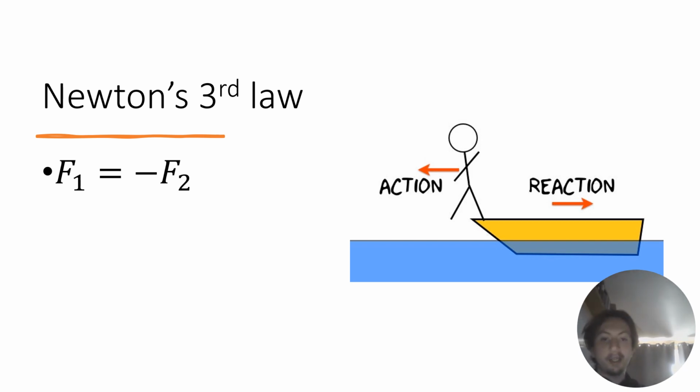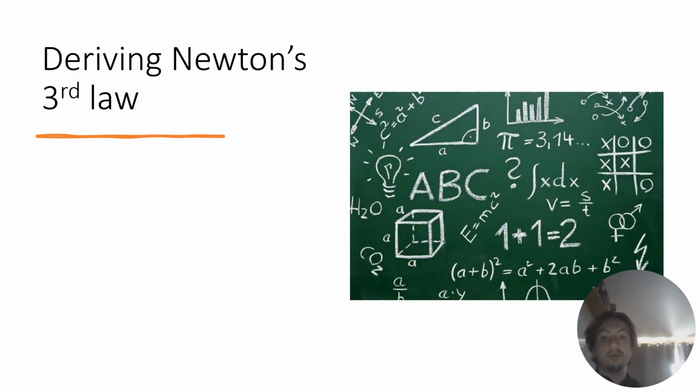And I put a minus in there because F1 and F2 are acting in opposite directions. So if one force is positive, the other is negative, but they have the same size. That is, the magnitude of F1 is equal to the magnitude of F2. So that is Newton's third law, which was that F1 is equal to minus F2.